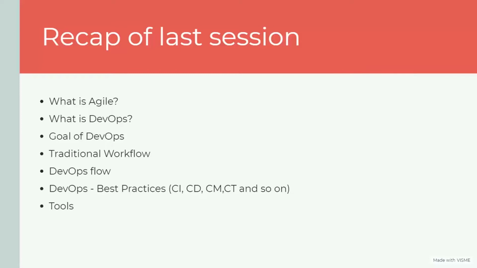And after that, we discussed the tools for each area, like what will be in continuous integration, continuous deployment, monitoring, in the last session. So I hope you are good. If you have any queries from the previous session also, you can ask me.